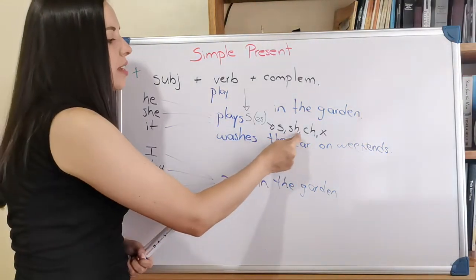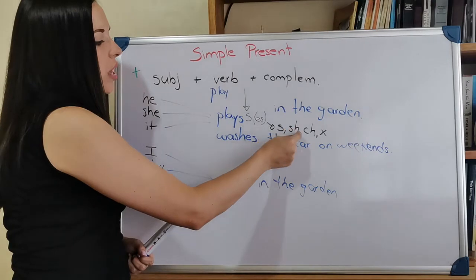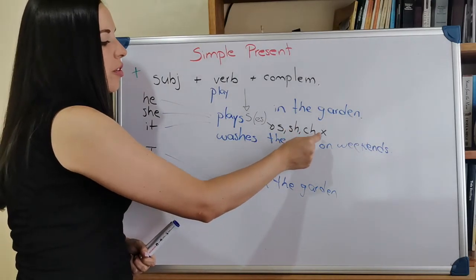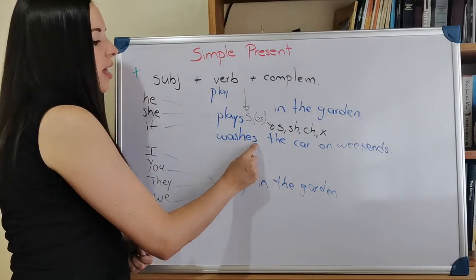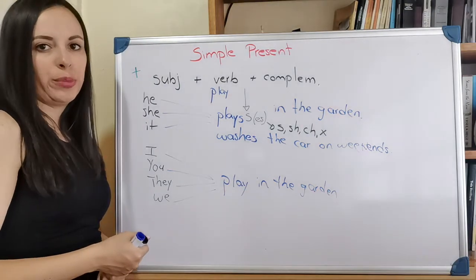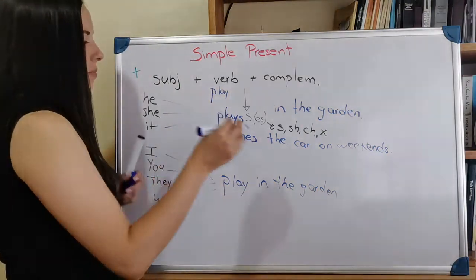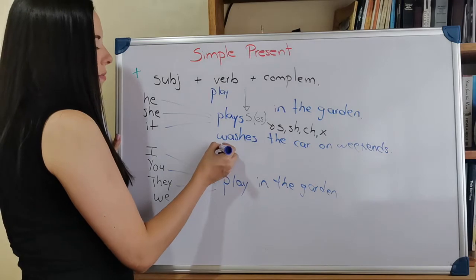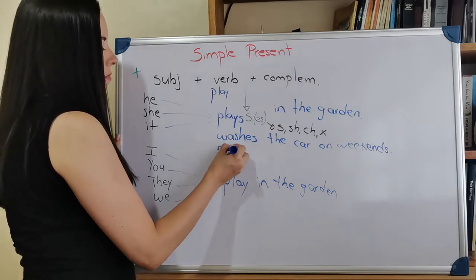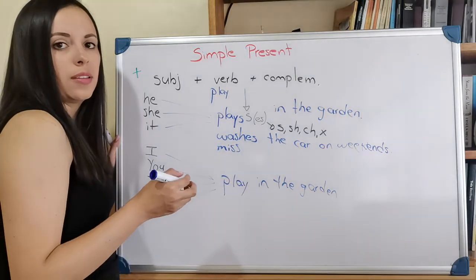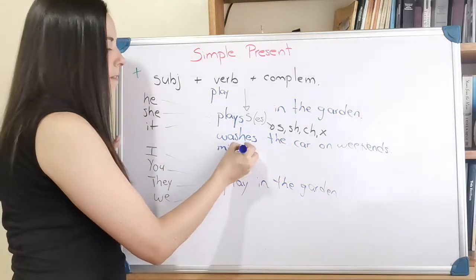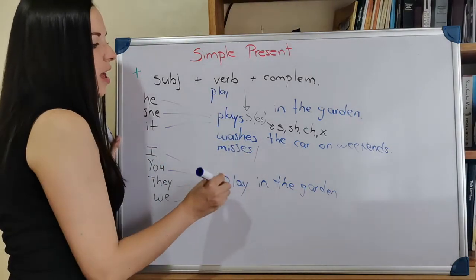Okay, so we have this ending as ch, or x, so we add an es to the verb. Okay, an example of other verbs, like the verb miss. She misses you. We add an es.